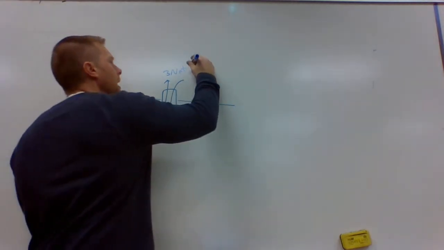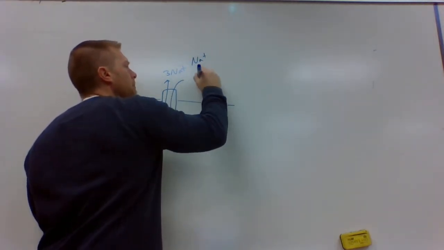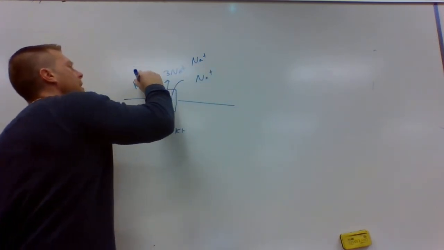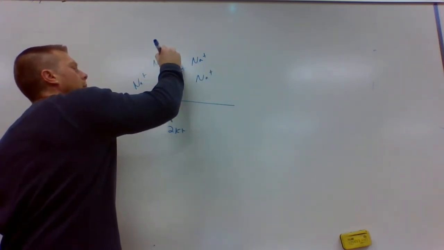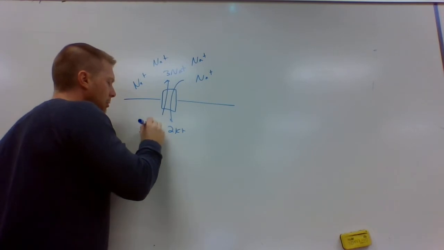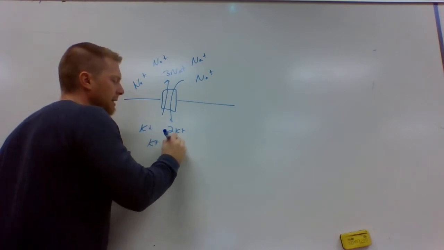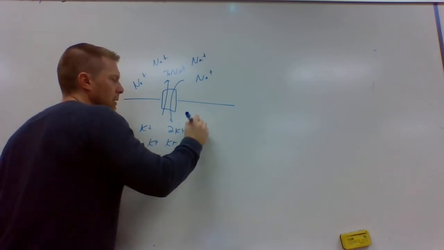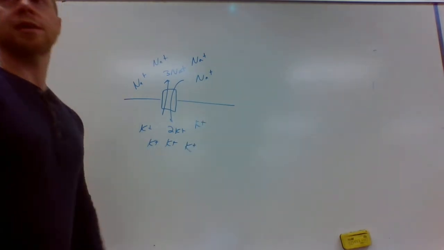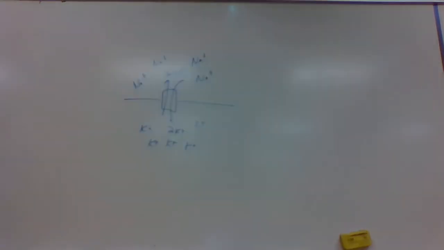So we're generating a gradient of sodium on the outside, and we're generating a gradient of potassium on the inside. Does that make sense to all of you? Now, sodium and potassium both have positive charges, right?